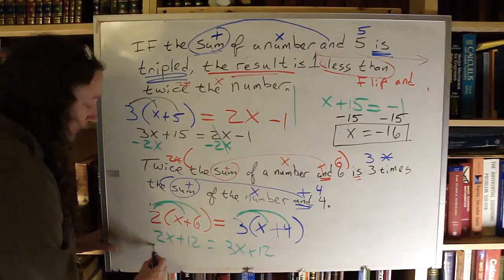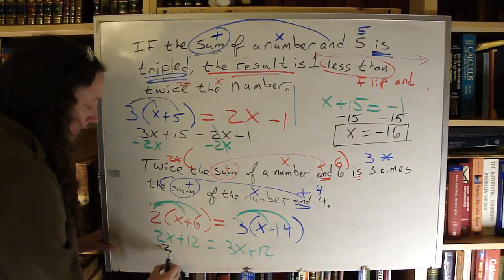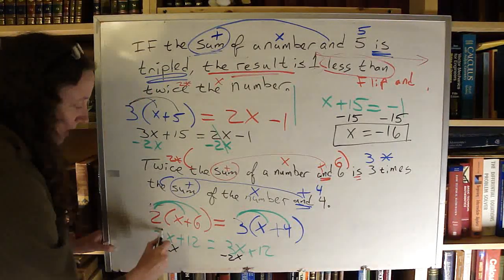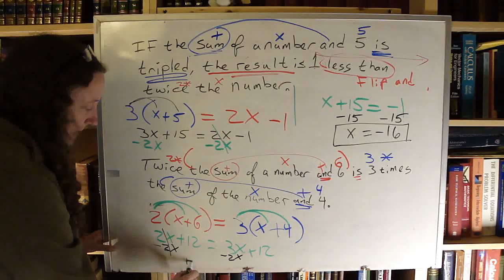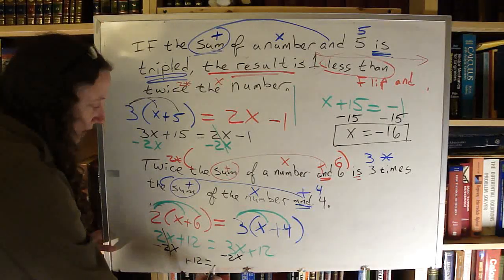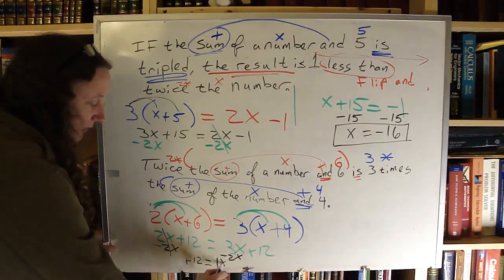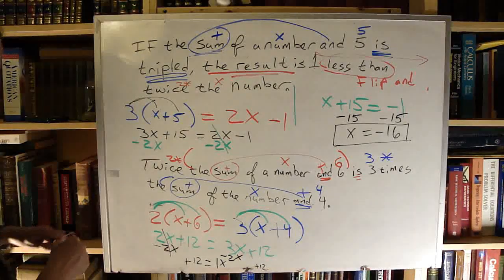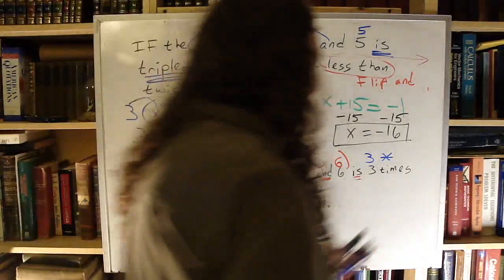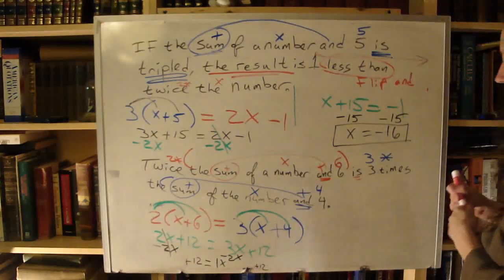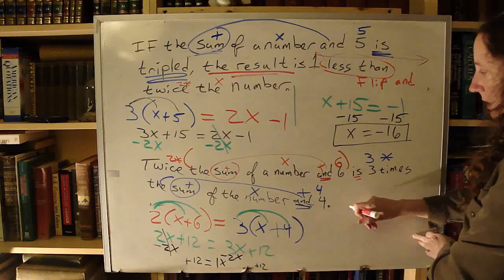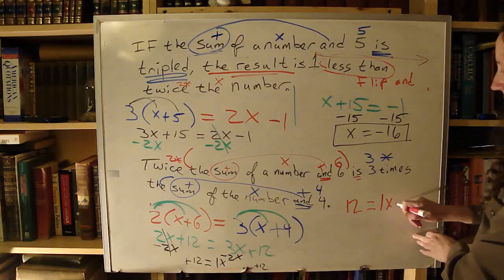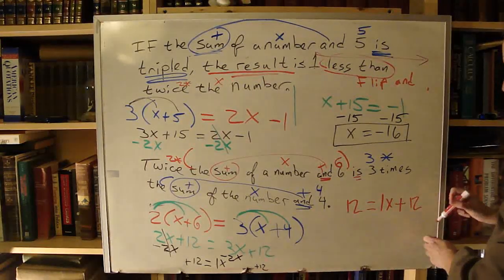So I'm going to subtract 2x. So now I have nothing over here with the x's. I have my plus 12. Equal sign, 3 minus 2 is 1. That has the x with it. And then I have my plus 12. So rewriting that over there. I have 12 equals 1x plus 12.